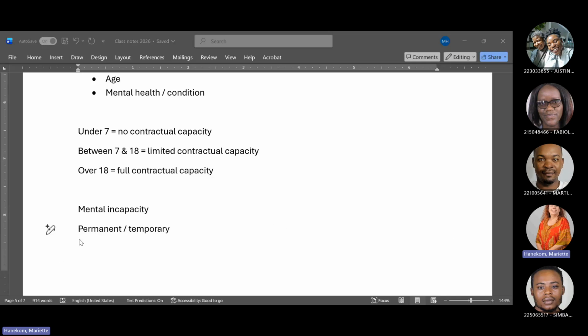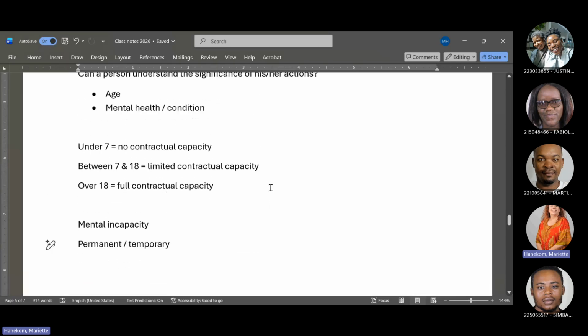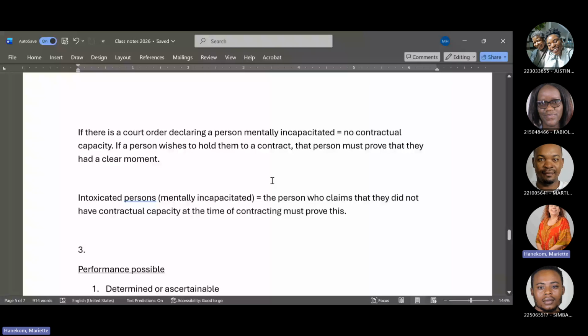So these are factors that can affect your ability to understand and hence affect your contractual capacity.